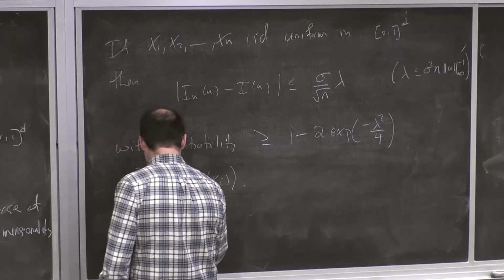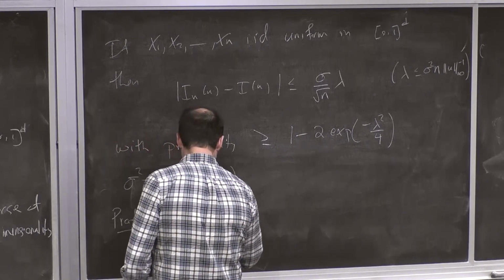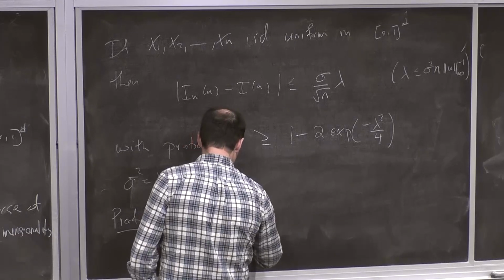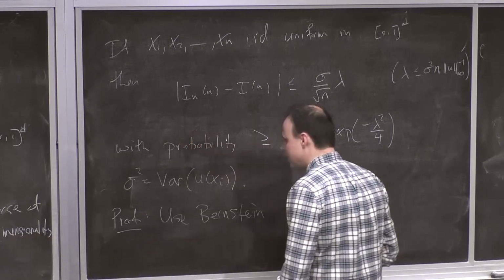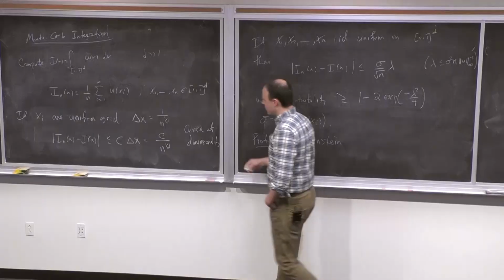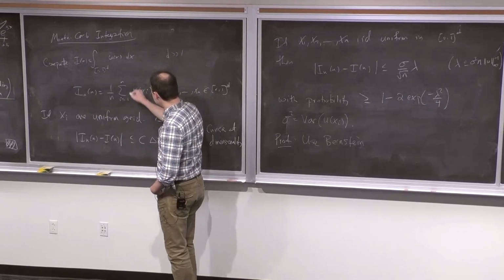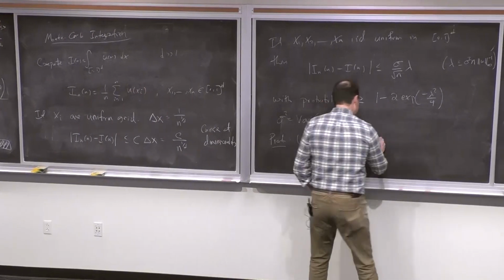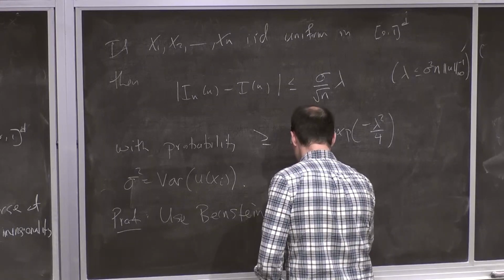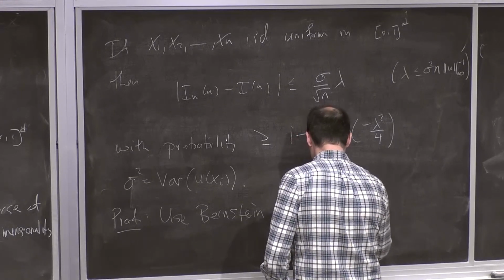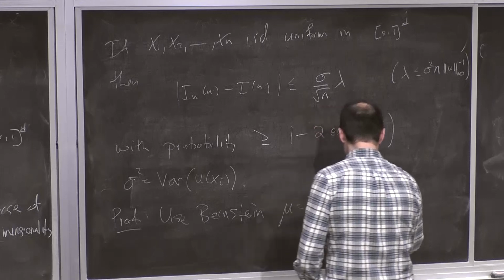So we use Bernstein. Here, these are the random variables I'm going to apply Bernstein to. The mean is the expectation of u of xi, which is exactly the integral.